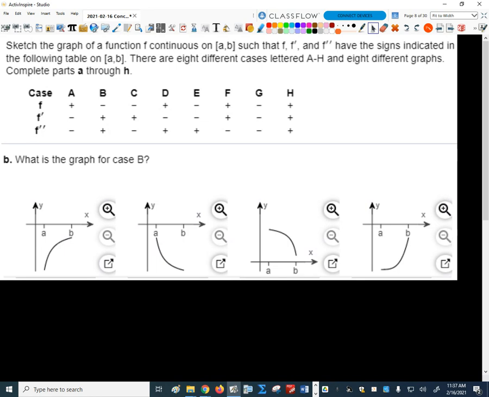Okay, let's try another one. What about B? Here, I'll give you a poll.